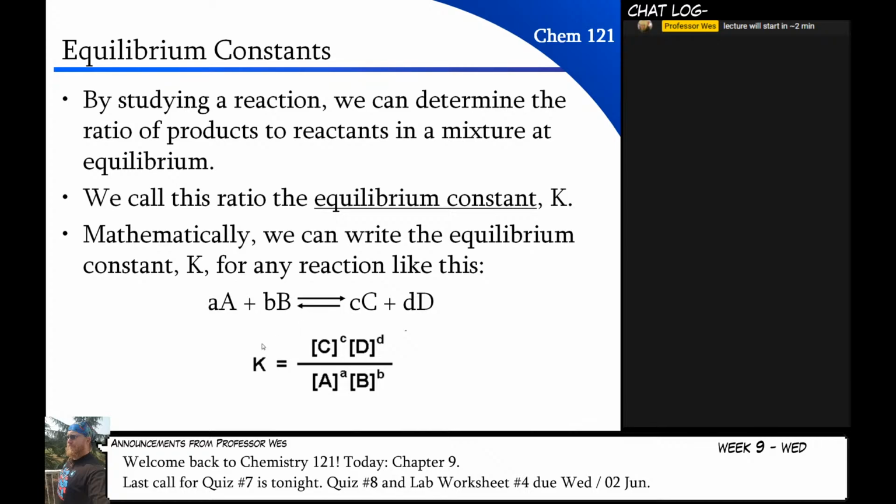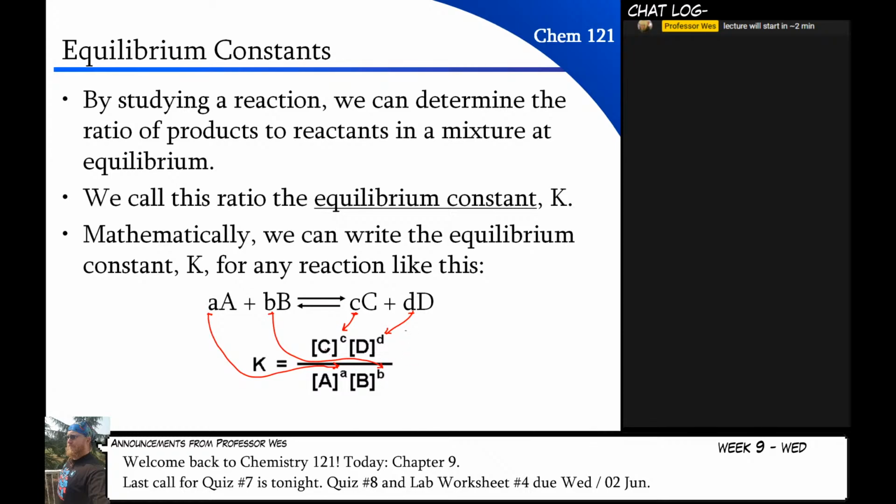K is, if I have these coefficients right here, a, b, c, d, for A, B, C, D, I figure out their concentrations and I raise these to these powers. This is just how K is defined, and I'm required to tell you that. But what we don't care about is what these numbers are, because we're not going to do this calculation.